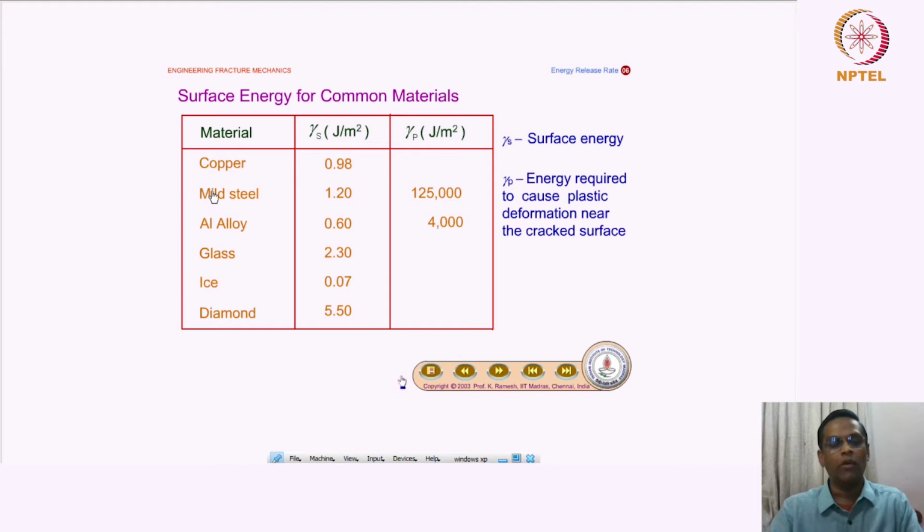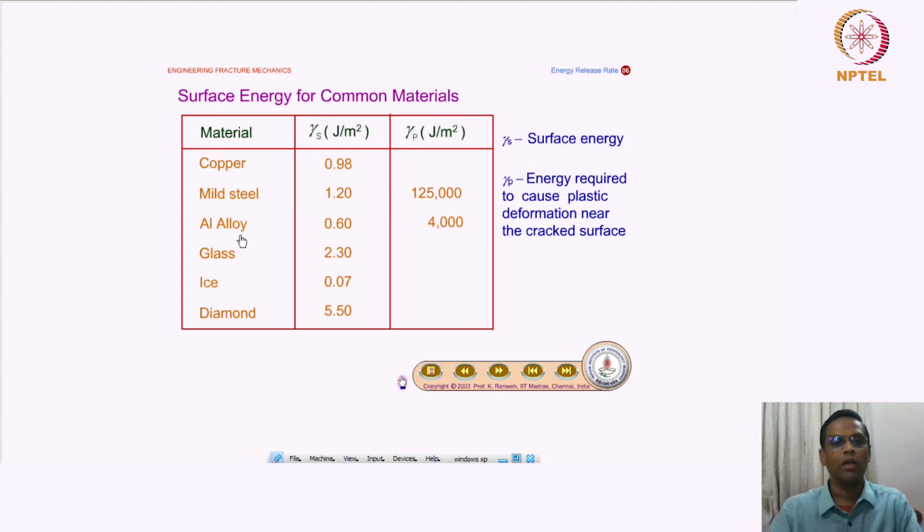For example, the surface energy of mild steel is 1.2, and the gamma P is significantly high. It's a ductile material, so the energy required to cause plastic deformation near the crack surface is very, very high.